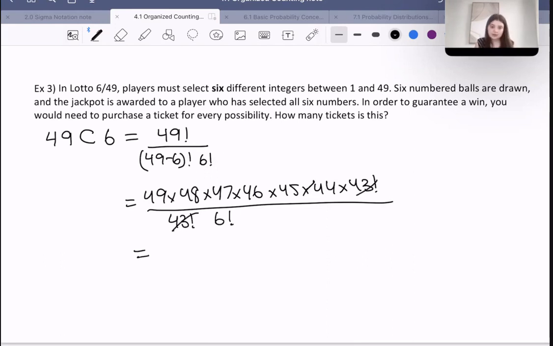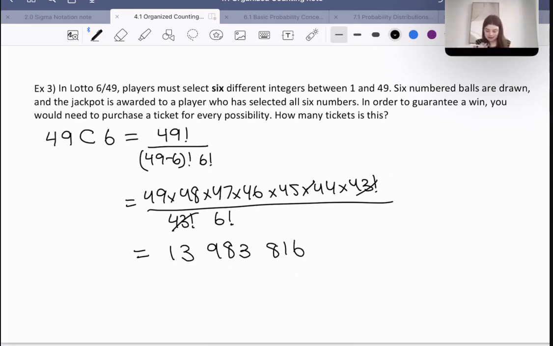Then let's plug this in. Okay, so that's going to be 13,983,816 tickets. So, I mean, I guess by the time you buy that many tickets, you guarantee your win, which is great.